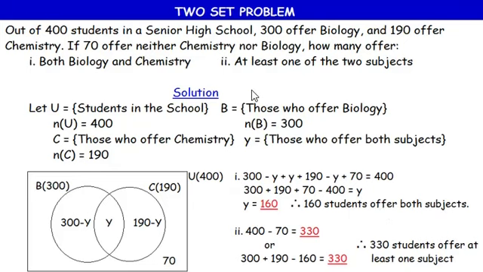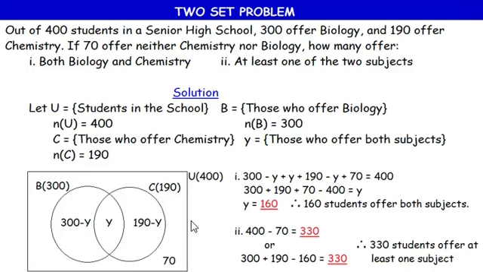Okay, let's look at the second question. How many offer at least one of the two subjects? Now whenever you ask this question, what they mean is that if you are to pick this student, the student must either offer biology only, chemistry only, or both biology and chemistry.